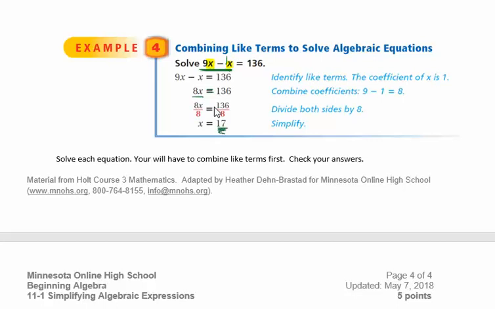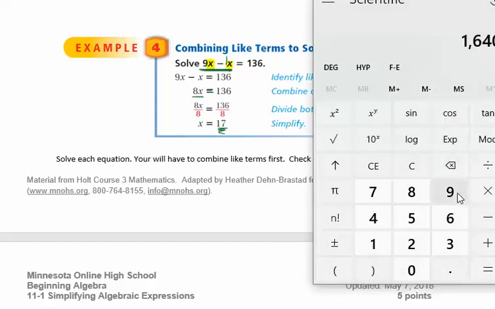And we can check this by putting it back in our original problem. We would have 8 times 17, oh sorry, that's 9. 9 times 17 minus 17, just x would go there, or you could do 1 times 17. And I want to see if that's equal to 136. So 9 times 17 is 153.